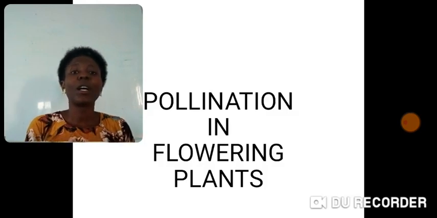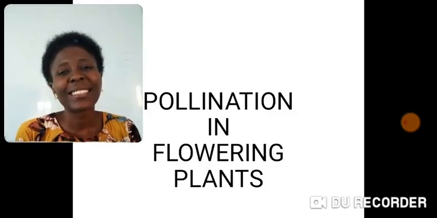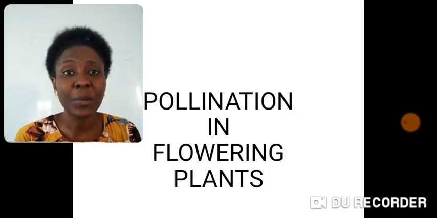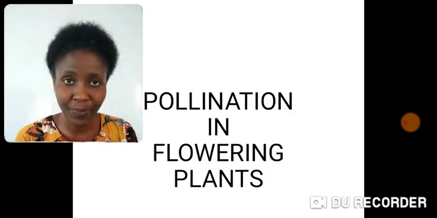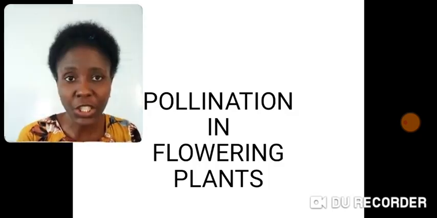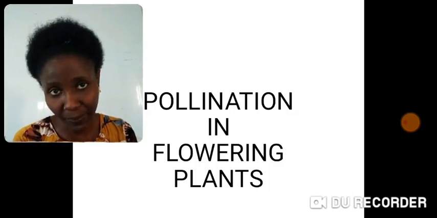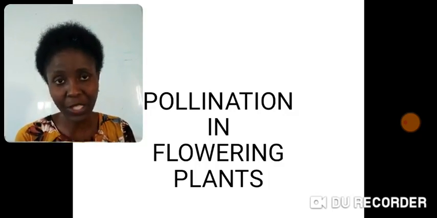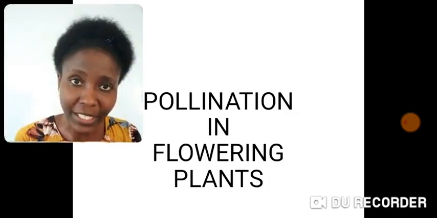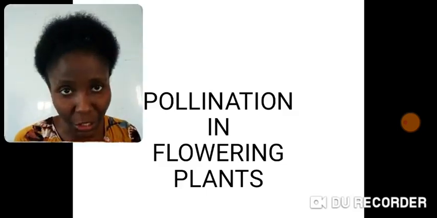So what are the two types of pollination? We have cross-pollination and self-pollination. So the two types will be self-pollination and cross-pollination.